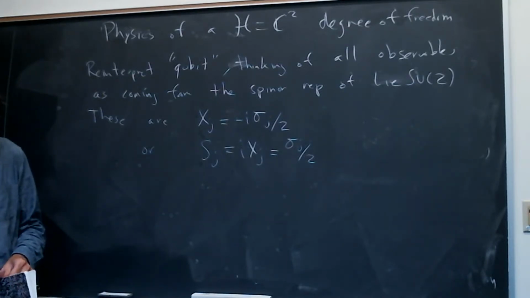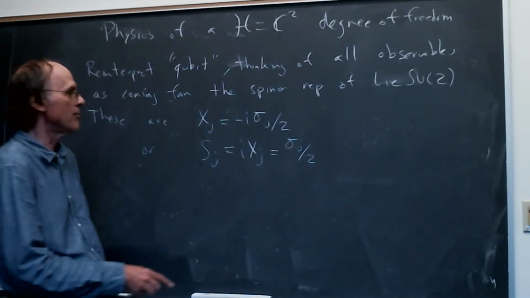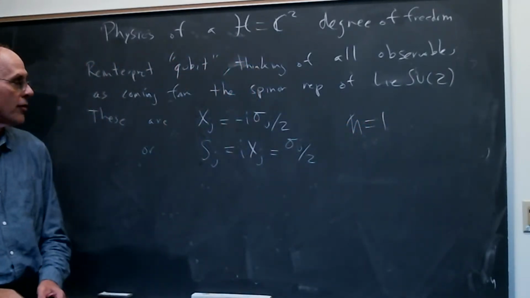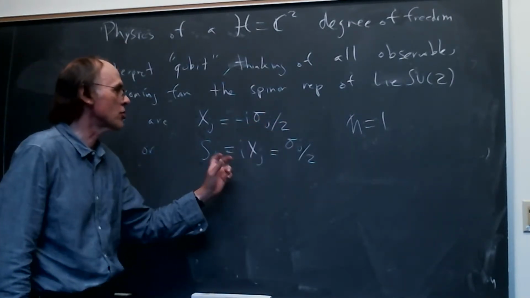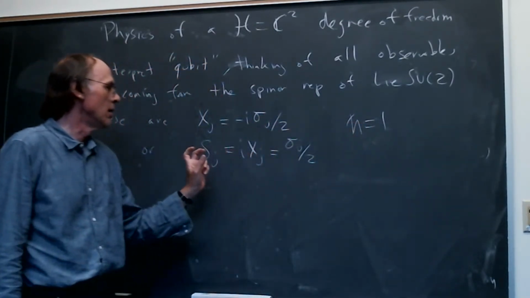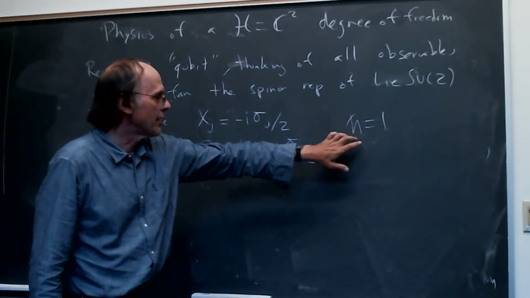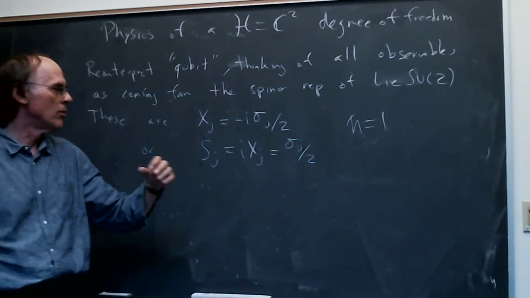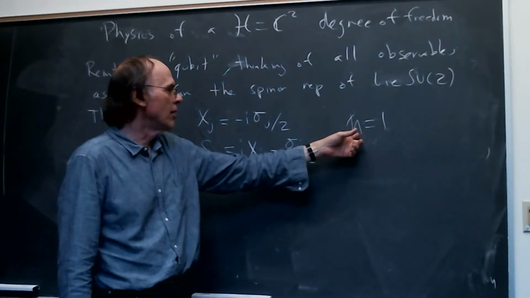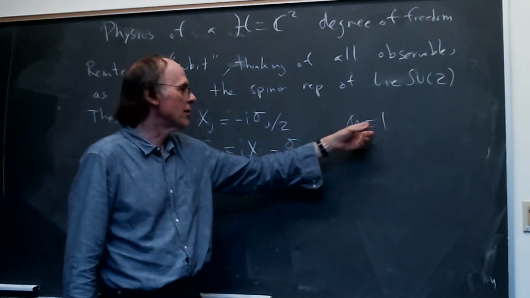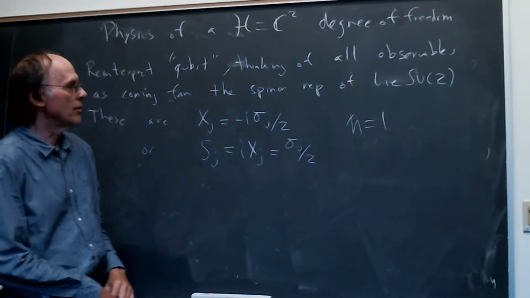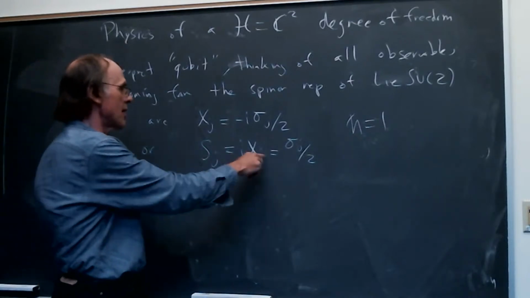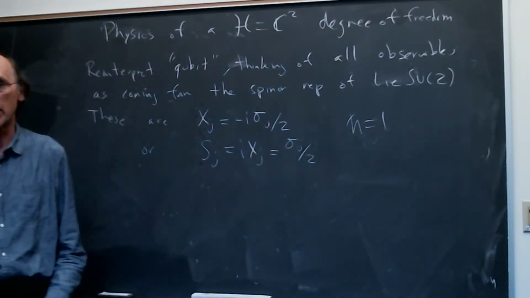Another thing to say in all of this is that I'm setting h bar equal to 1. It's a matter of choosing your convention of units. If h bar is not equal to 1, then these formulas will have an h bar in them that you have to keep track of.